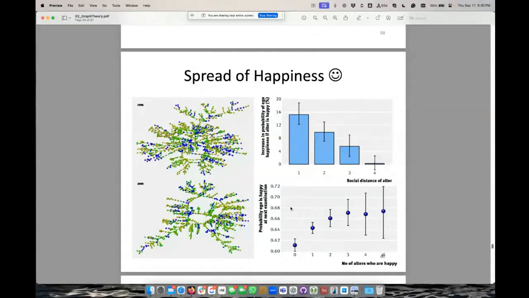Now we will switch gears and start looking at quite an interesting property of networks. If you remember, towards the very beginning when we started this lecture, we talked about two things: network structure and network behavior.